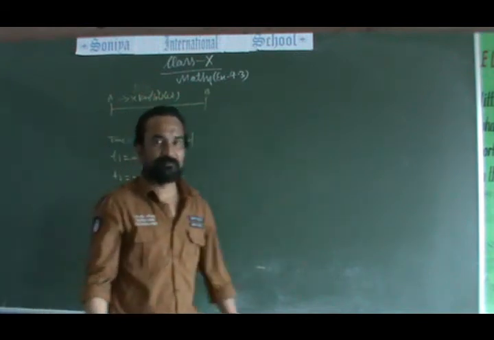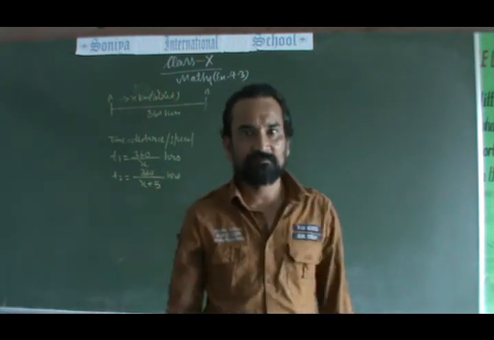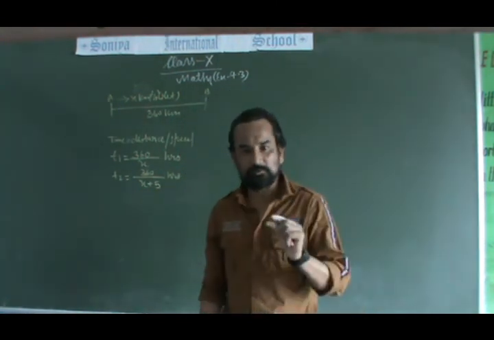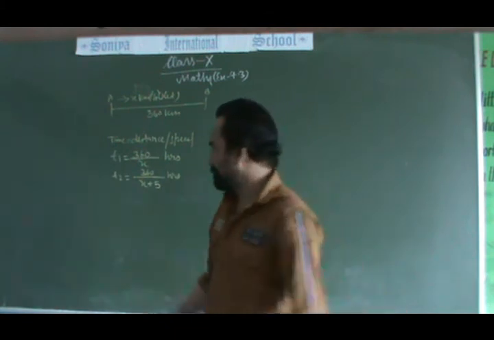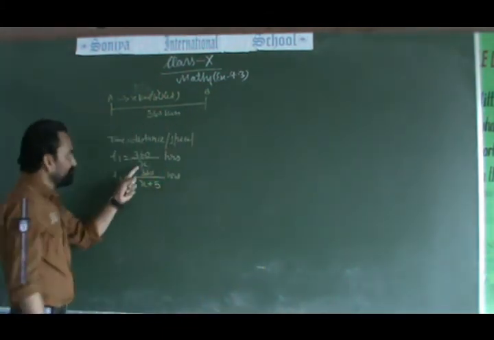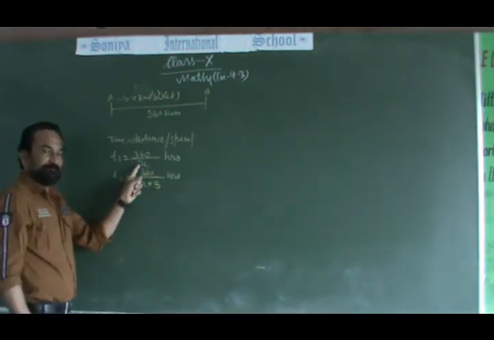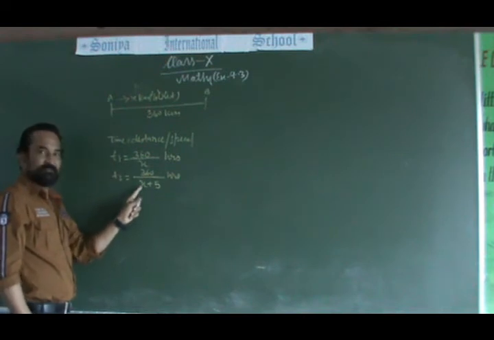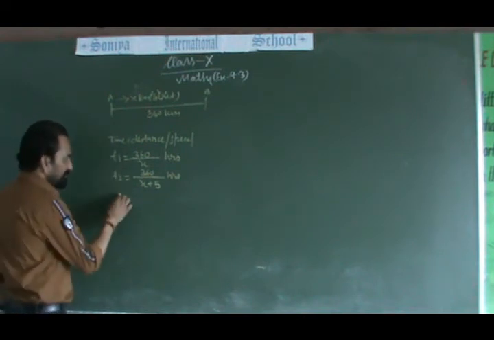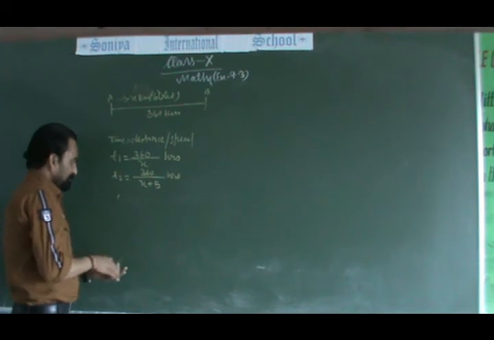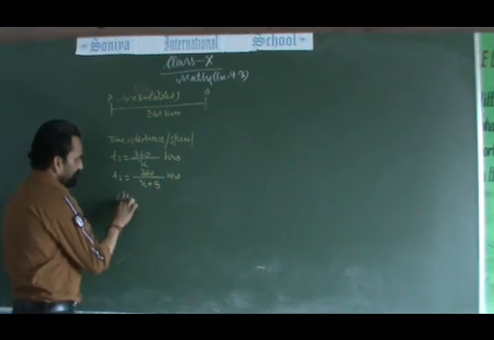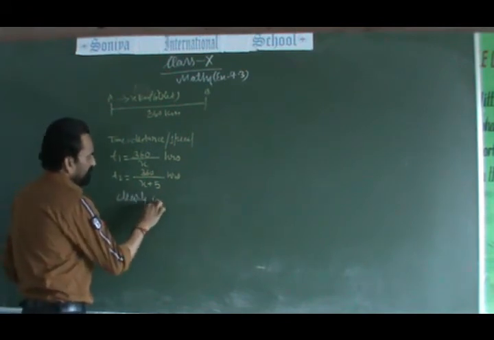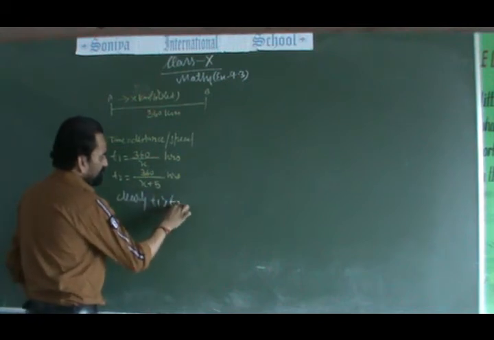Think about that. Faster we move, lesser the time. Slower we move, greater the time. So where the speed is lower, the time is greater. Clearly T1 is greater than T2.